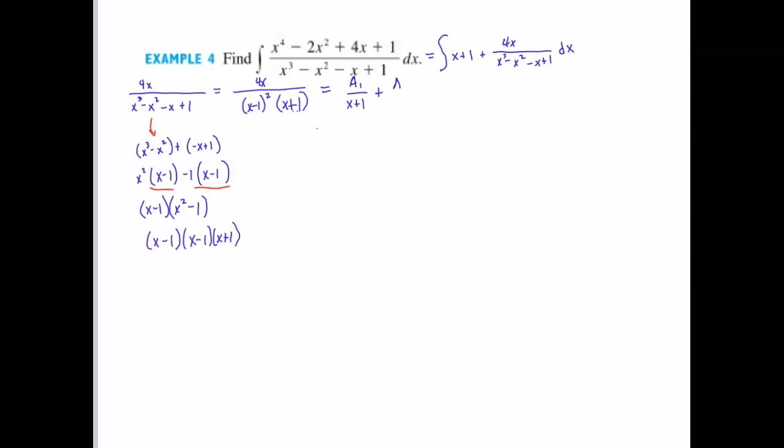And I'll do A2 over x minus 1. And then I have to do A3 over x minus 1 squared. Does that make sense? So I'm accounting for all possible partial fractions that would make up that common denominator on the left, right? Correct?